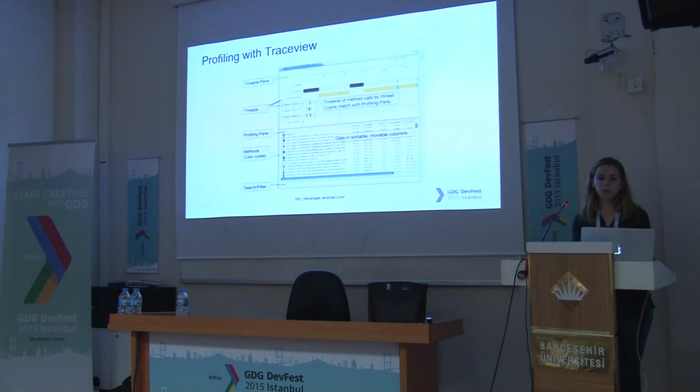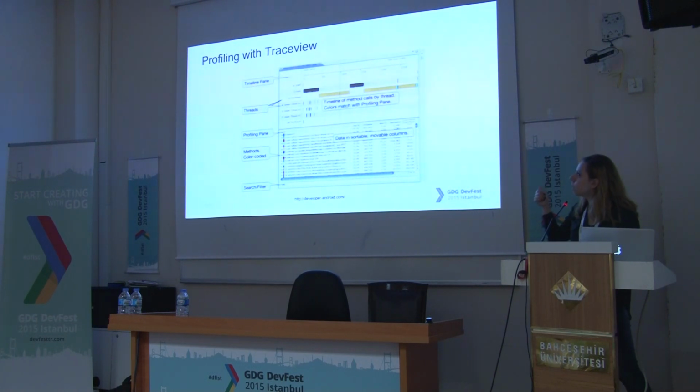Once we use TraceView, the output will be like this. There are two panes, the timeline pane and the profiling pane. In the timeline pane, you will see some threads, and each bar shows a method. And according to the width of the method, we can say whether it takes too much time or not.